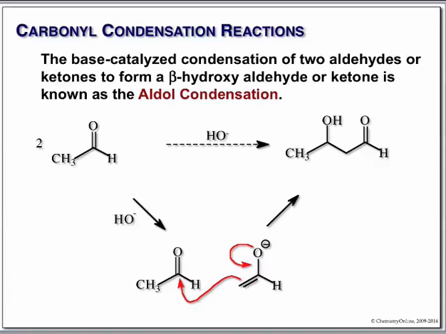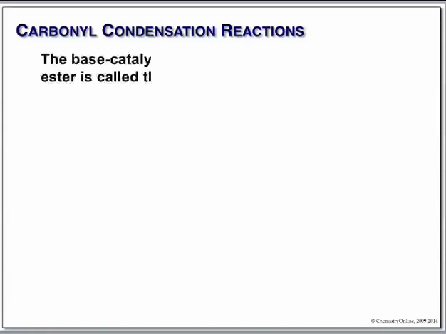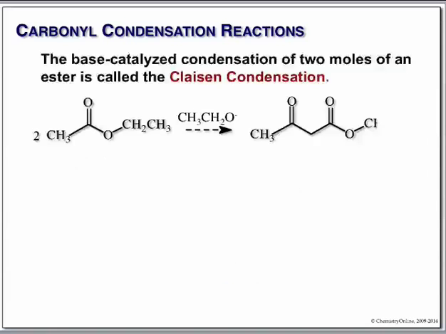We're going to make an enolate anion that's going to attack a carbonyl. One of the classic ones that decarboxylates is the Claisen condensation. In a Claisen condensation, instead of an aldehyde or ketone, we're using an ester. The mechanism, however, is going to be exactly the same.